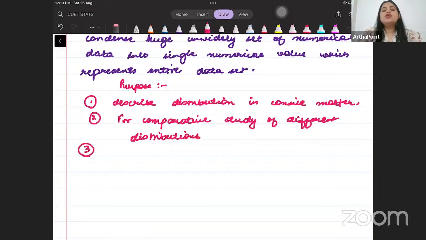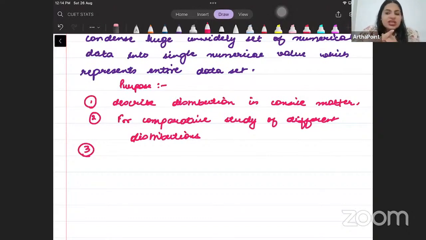Third, now just imagine, I not only want to compare different distributions, I sometimes also want to understand more about the distribution. Like, for example, is it right skewed? Is it left skewed? What kind of distribution am I talking about? So for computing various other measures like skewness, like coefficient of variance. You remember that in economics, we do something which is called risk. Risk is basically understanding how risky a portfolio is.